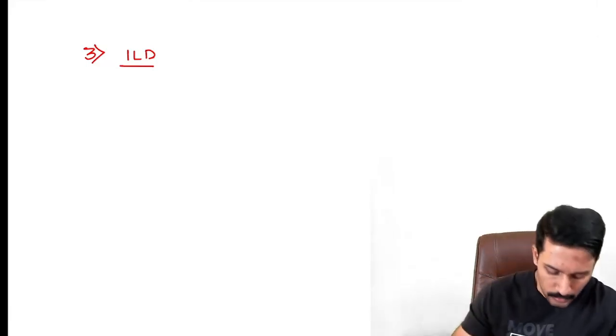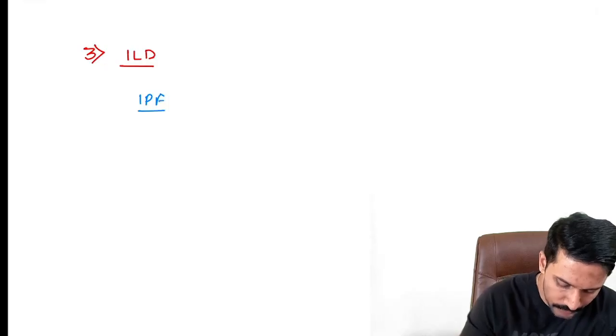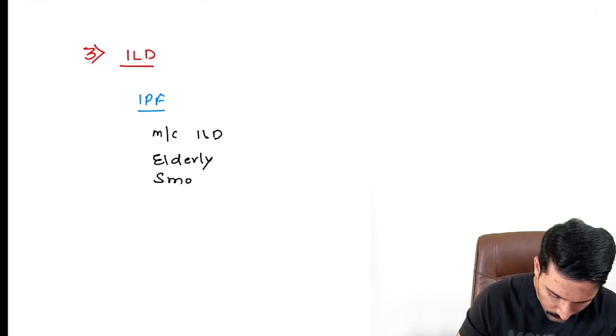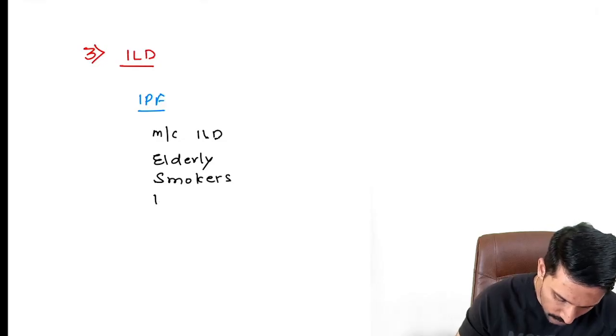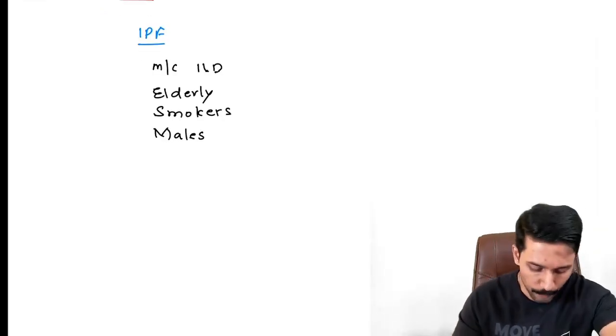Okay. So when it comes to ILD, the two things I want you to remember, first is idiopathic pulmonary fibrosis. This is the most common ILD, typically seen in elderly people after 50 years, smokers, elderly smokers, that too males.